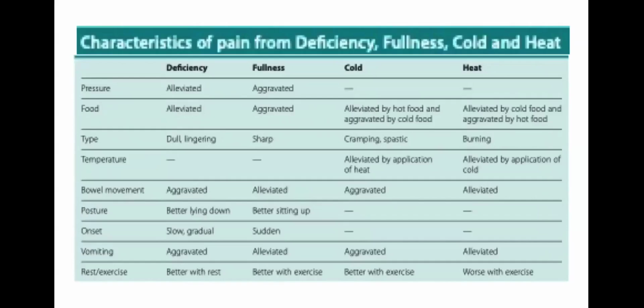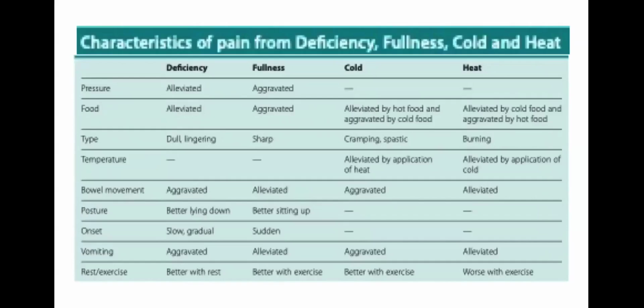Bowel movement will aggravate the pain resulting from deficiency, while bowel movement will alleviate the pain resulting from fullness. And if the pain results from cold, the bowel movement would aggravate it. Pain resulting from heat, bowel movement will alleviate it. Posture: the patient would feel better lying down if the pain is due to deficiency.